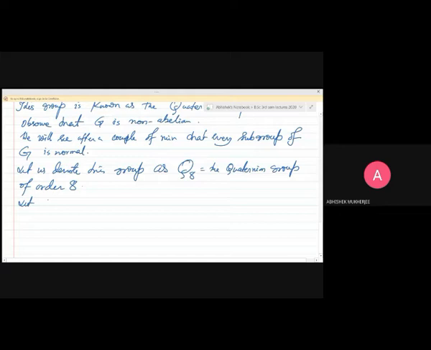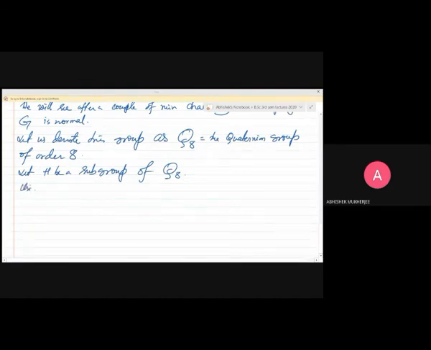And let H be a subgroup of Q8. We need to show that H must be normal, right? Now, using Lagrange's theorem, you will see that the order of H divides the order of Q8, that means 8.